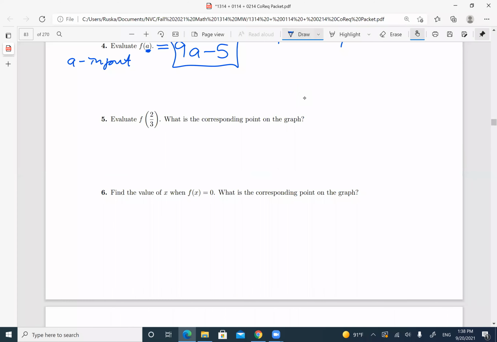We have to evaluate f of 2/3. 2/3 is the x, which is the input. So I have to find what is f of 2/3. So I'm going to follow the function, 9x minus 5 is the function. And in the place of x, you're going to plug it in. You're going to substitute 2/3.